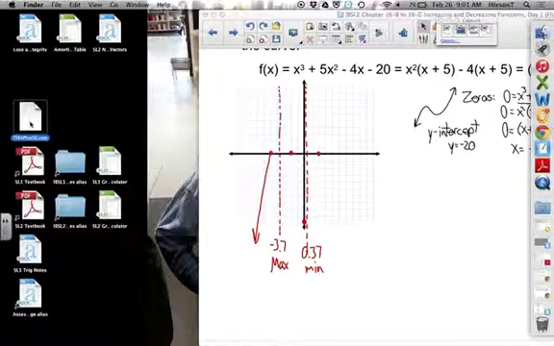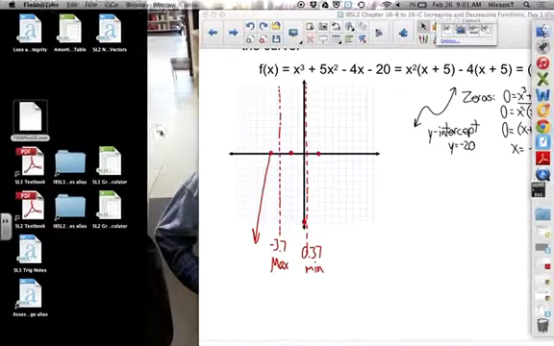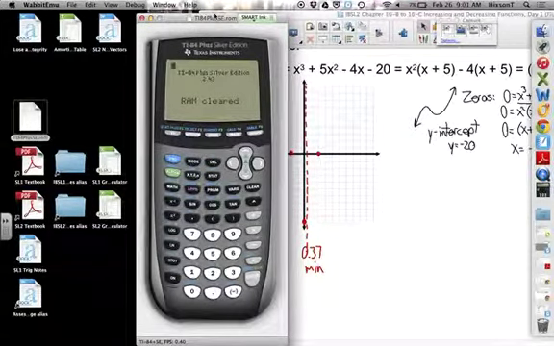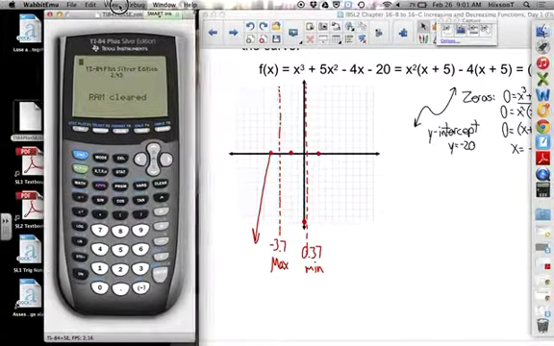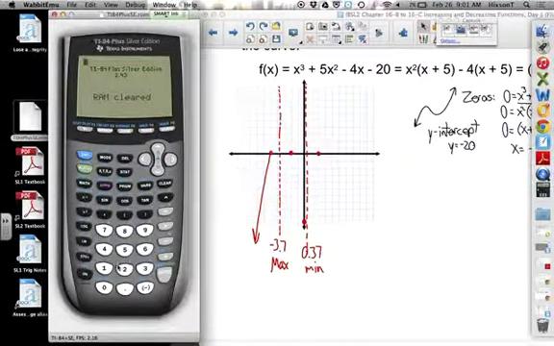Remember how to evaluate quickly on your calculator, especially when you've got things like this. We want to evaluate at negative 3.7.